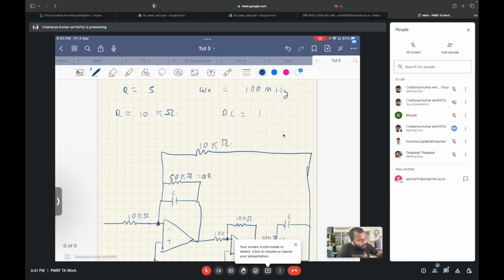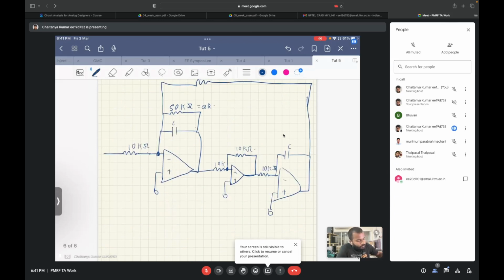So we have omega naught of 2 pi into 100 megahertz, correct? Can you do the calculation and tell me what will be the value of capacitance? So 1 upon 10 kilo ohms into this capacitance is equal to 2 pi into 100 into 10 to the power 6.